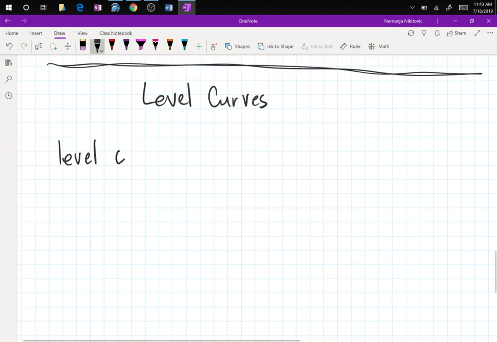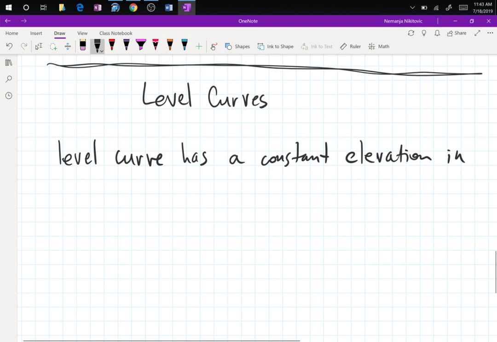A level curve has a constant elevation with respect to the z axis. So we'll just say z equals z0.